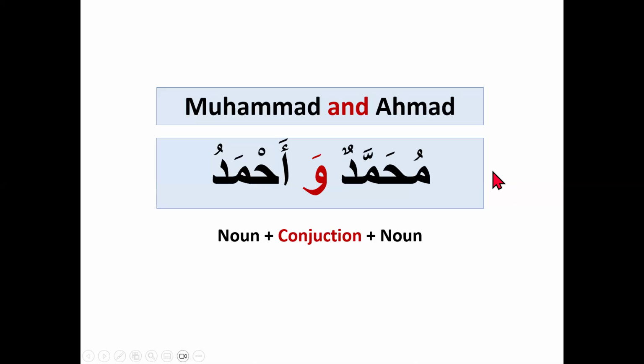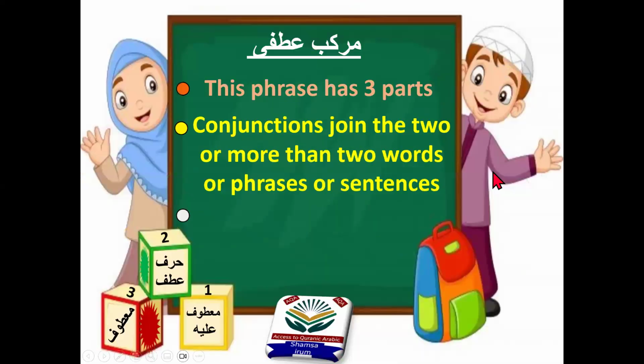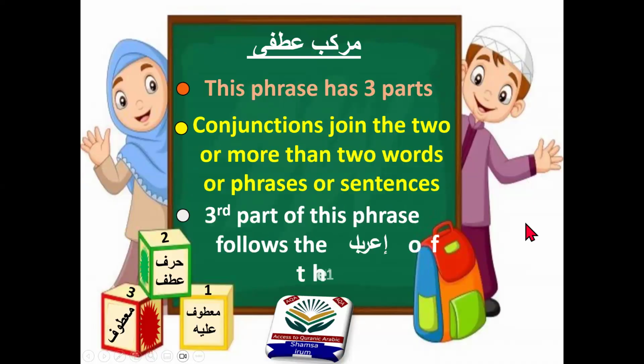Okay. All right, let's move towards the third part now. The third part is the most important rule for the Murakab Atfi, which we have to focus on and emphasize. I will emphasize it, inshallah ta'ala. The third part of the Murakab Atfi is matuf. Matuf follows the i'rab of the first part.